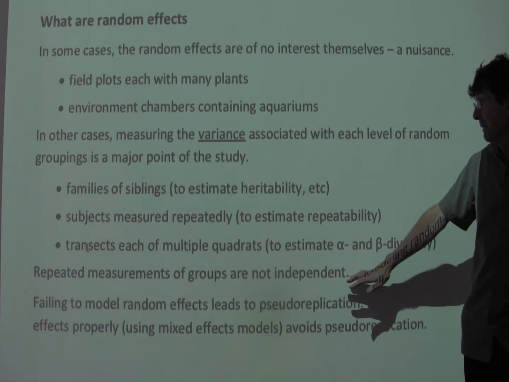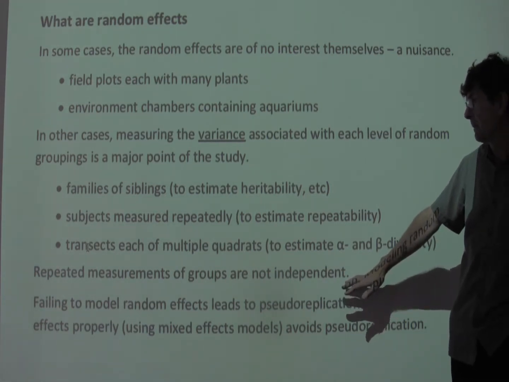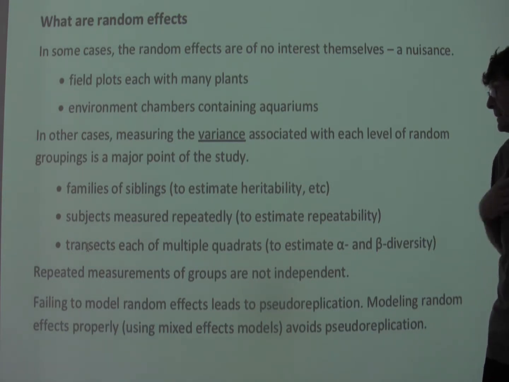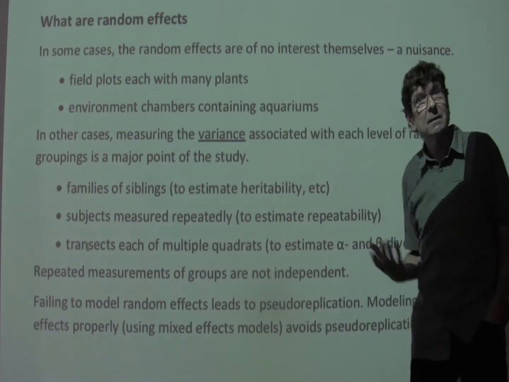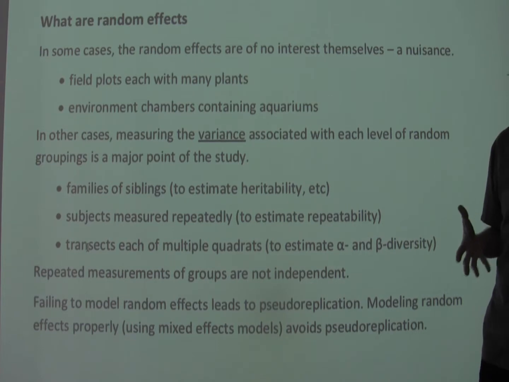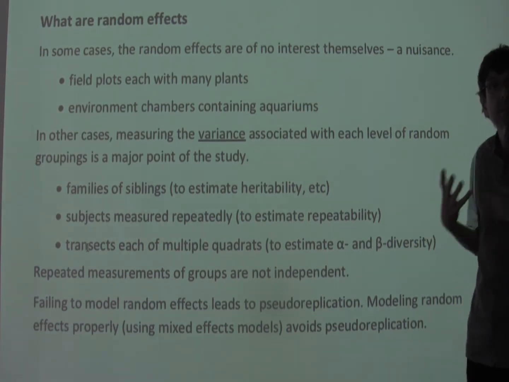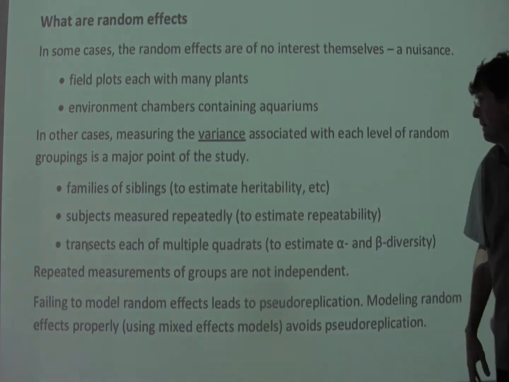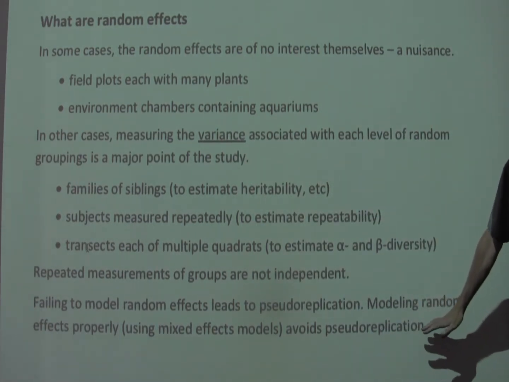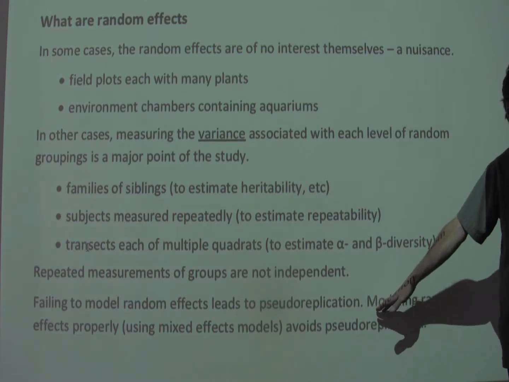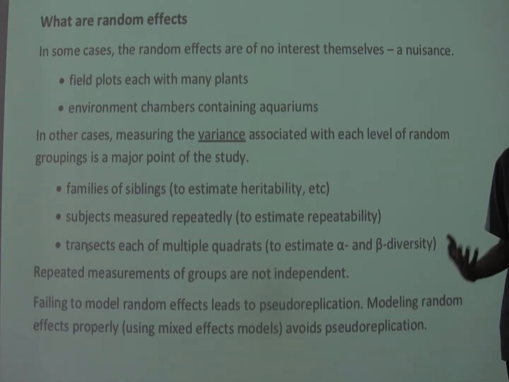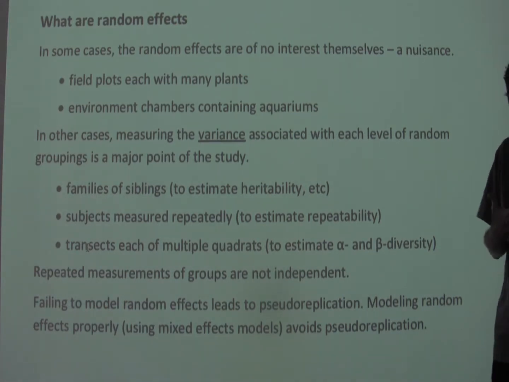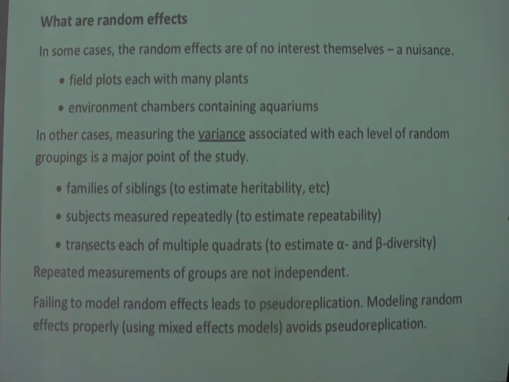But a key feature of an experiment or an observational study in which there are random effects is that the units of sampling that are grouped by those random effects, the siblings grouped by family, the repeat measurements grouped by subject, failure to incorporate them in your analysis would commit pseudoreplication. Siblings belonging to the same family are not independent because they share genes and environment in common.